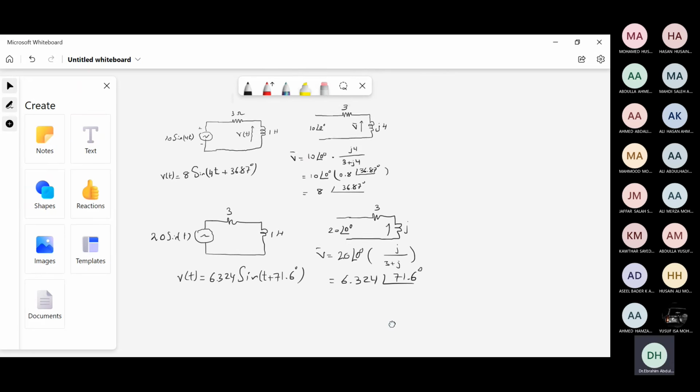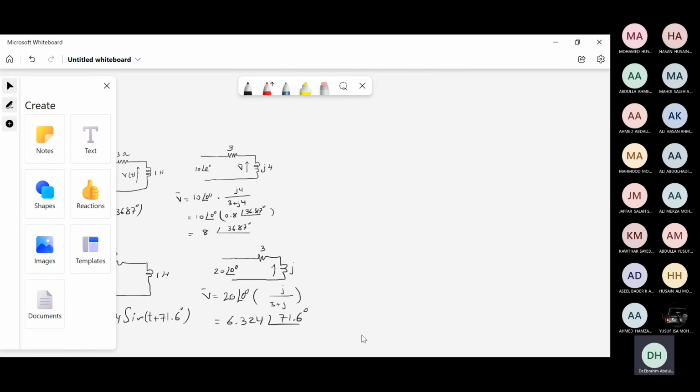What will happen if I combine these two together? So same circuit. Again, this is 1 Henry, and this one is equal to 3 ohm. I want to find the voltage here, y of t as a function of time.